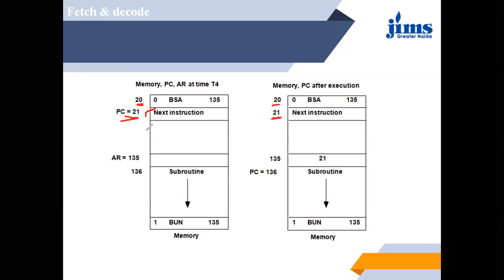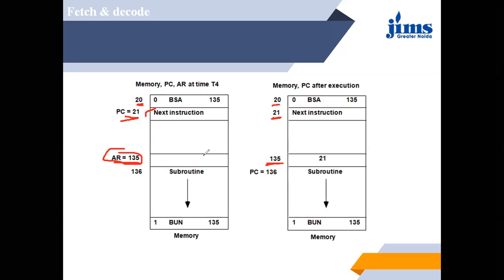Then this is an address register. At time T4, the address register has the value 135. Over here also, when the time is T4, this is also at memory location 135.